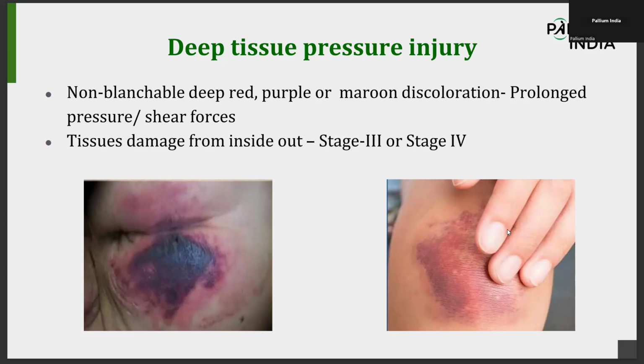There are 6 stages. First one is non-blanchable erythema. Second one is, anybody know?